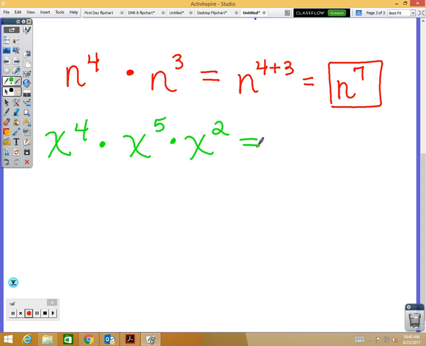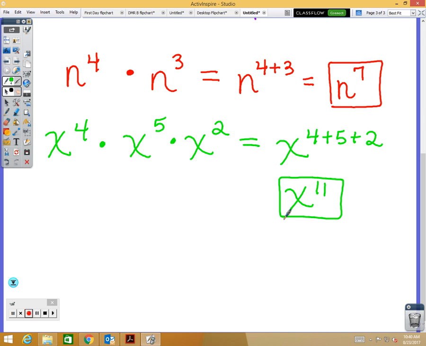It doesn't matter. It works the same way, as long as your base is the same. So your base is a fancy x. You can do your x however you want. And then we're going to do 4 plus 5 plus 2, which would be x to the 11th power.